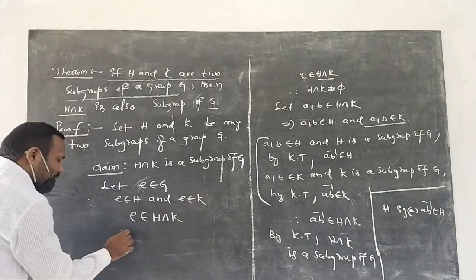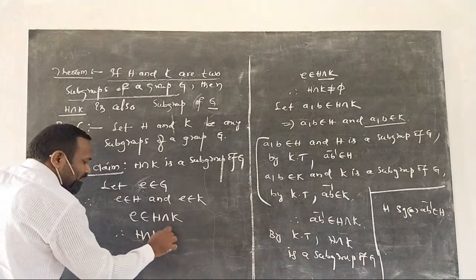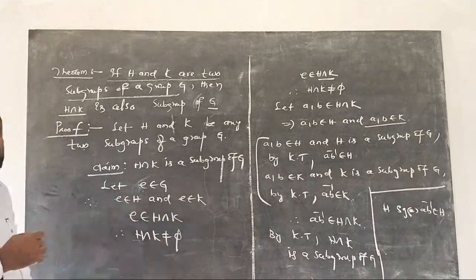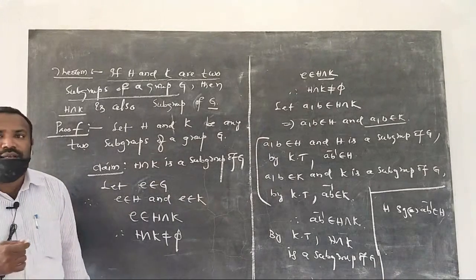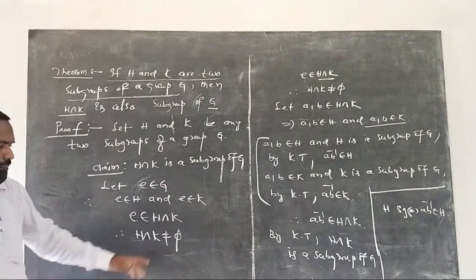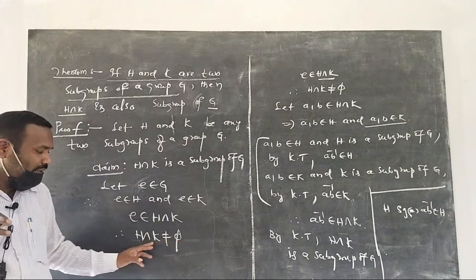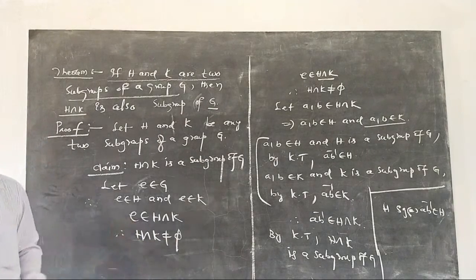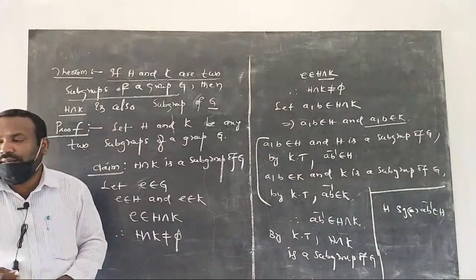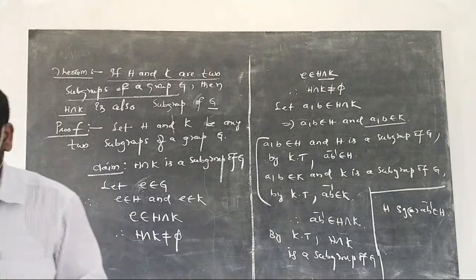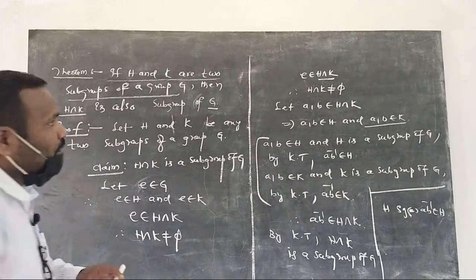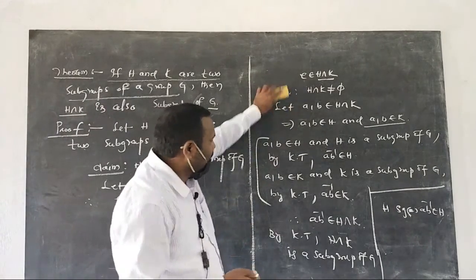Therefore H intersection K is non-empty. That is written as not equal to phi. Phi means the empty set; the empty set is denoted by phi. A non-empty set is written as not equal to phi. So that is the first thing we have to prove, and it is already proved.